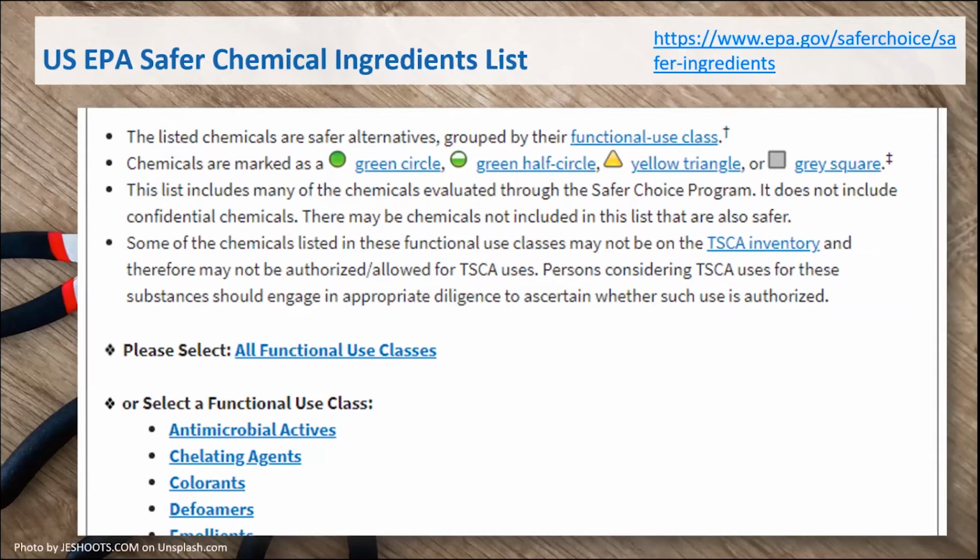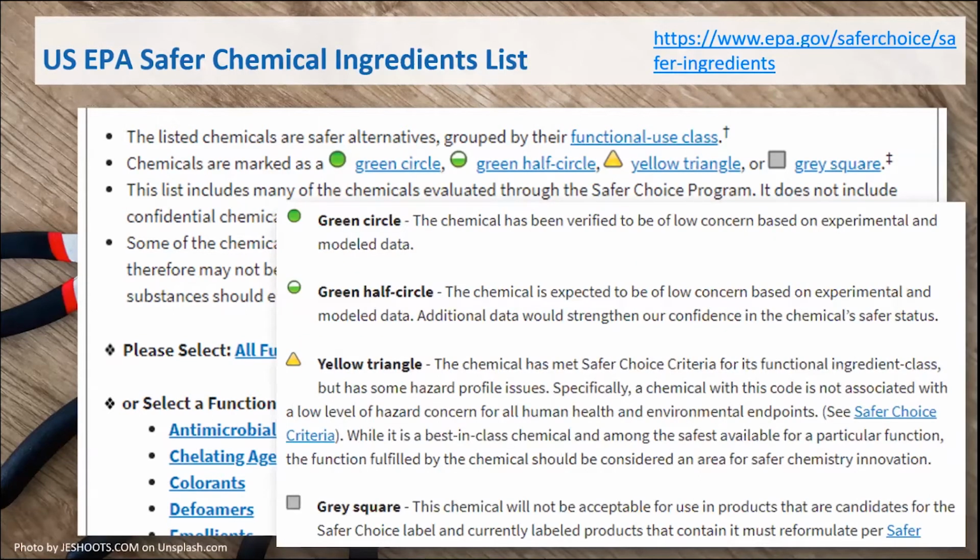It is searchable by functional classes that range from antimicrobials to enzymes to fragrances to polymers to solvents to surfactants. If a product is listed, it is given a qualitative score indicated by the symbols shown here. These symbols give the user a sense of the confidence level of the data provided and the product's hazard profile.